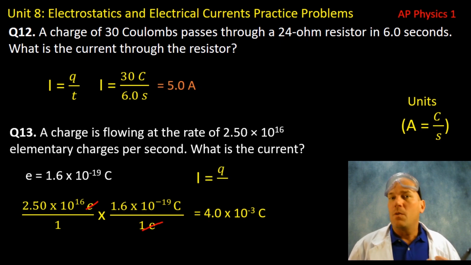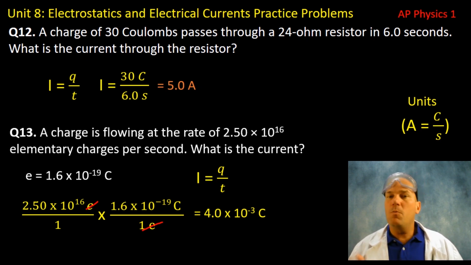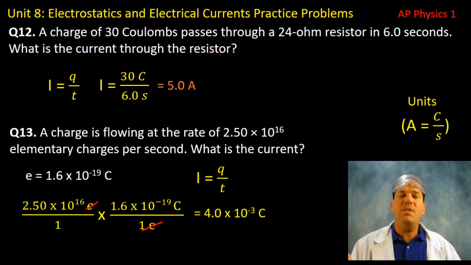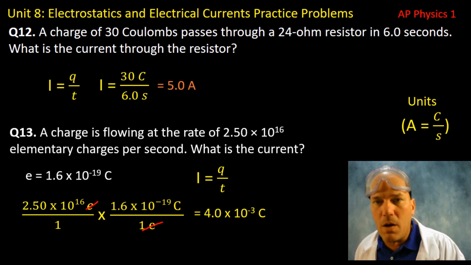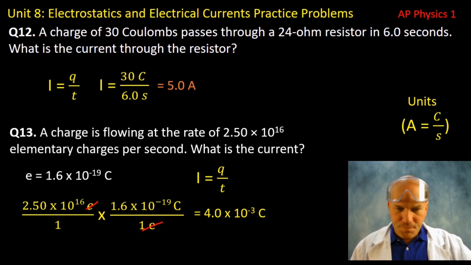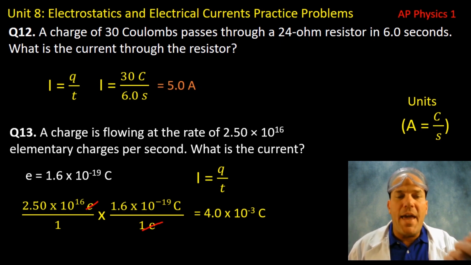All right, what is current? Well, it's charge divided by time. It's a rate. We just calculated the charge by taking that amount of elementary particles and converting it into coulombs, and we're also given information that it's at a rate per second.